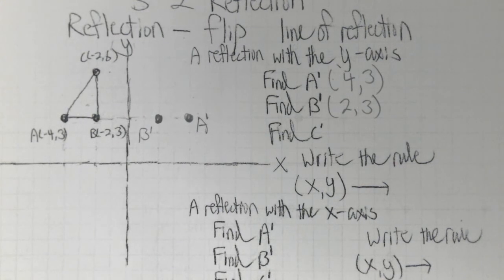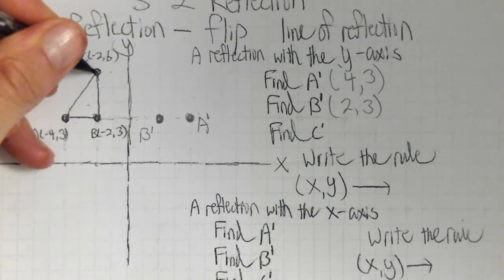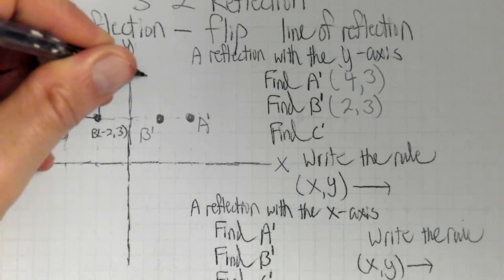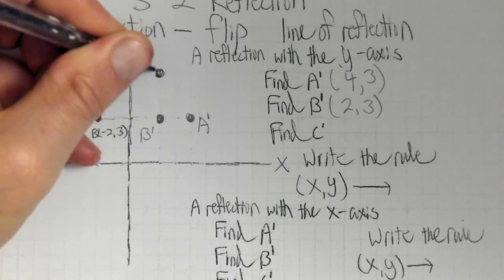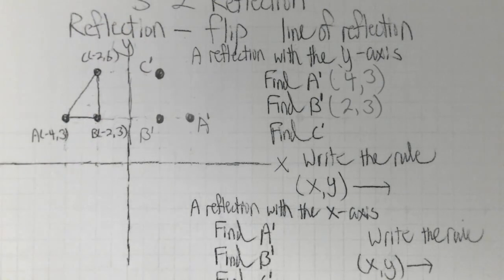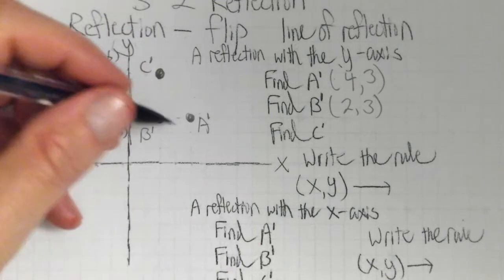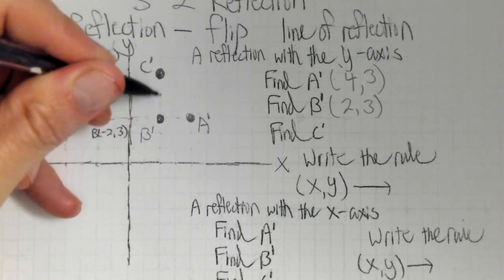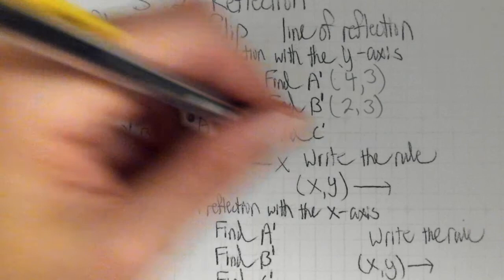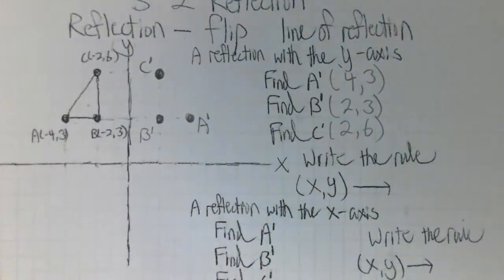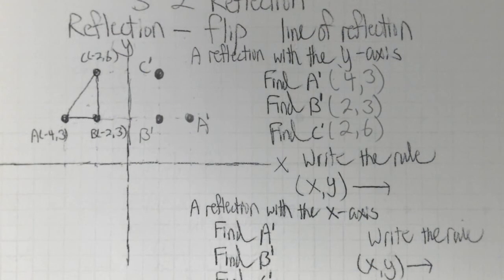Let's see if we can find the coordinates for C prime. How far away is it from the line of reflection? It's 2, and I need to go 1, 2 the other direction. And then there is my C prime. Let's see if we can get the coordinates of that. It'll be 1, 2, then 1, 2, 3, 4, 5, 6. So 2, comma 6 is the correct coordinate for point C prime.